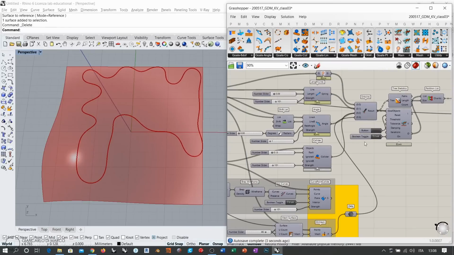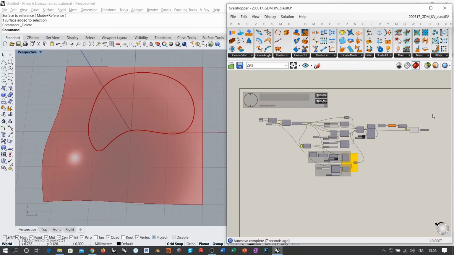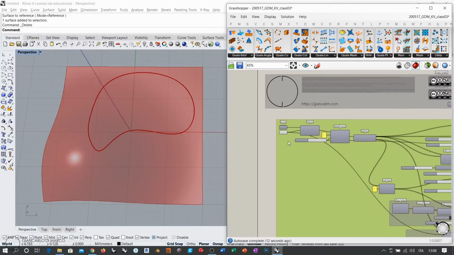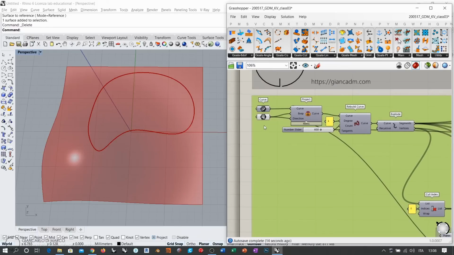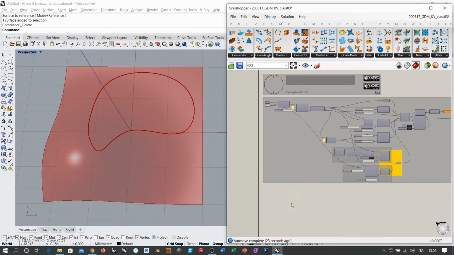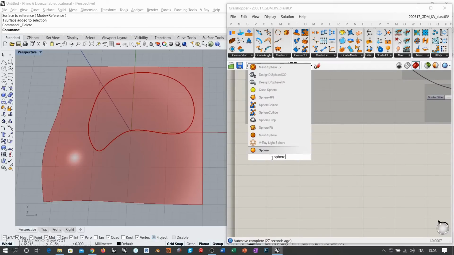Okay, so next step. We can also, well, there was an image that I published when I was announcing this course, which is basically derived from this exact example, and that image was actually using a sphere.